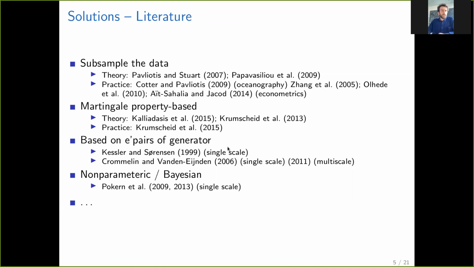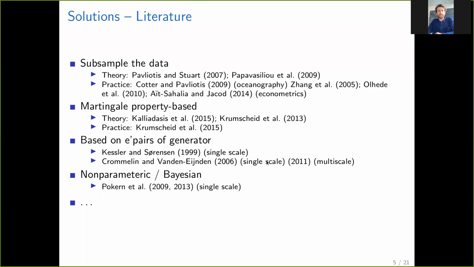In another series of works, the estimator for the diffusion process is based on the eigenpairs of the generator of the diffusion process. There are some works in the single scale case, estimators based on the eigendecomposition of the generator.